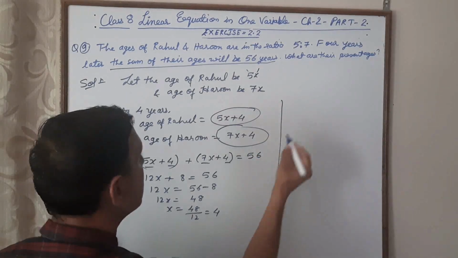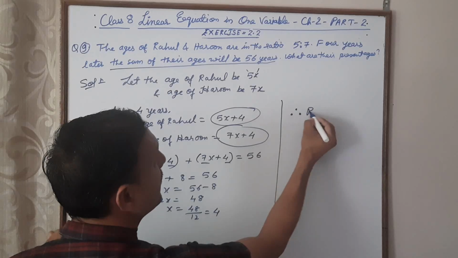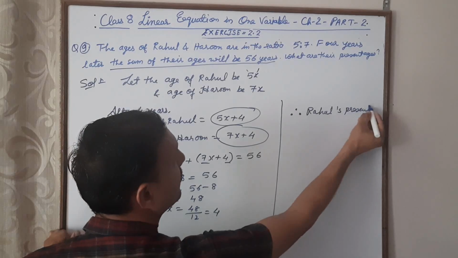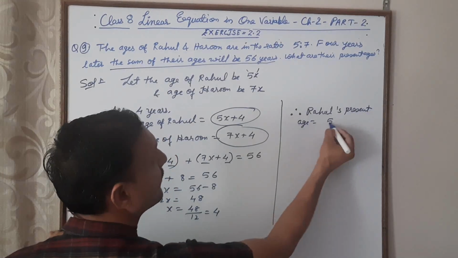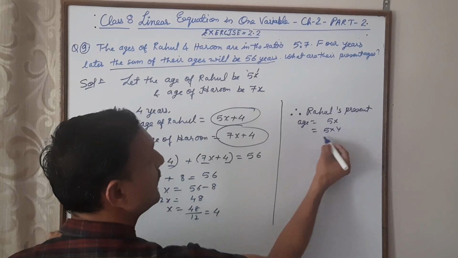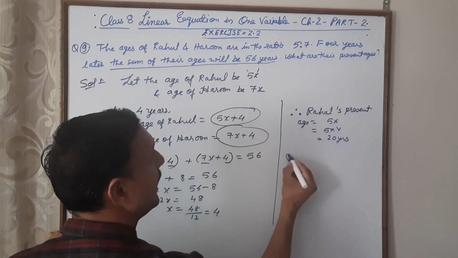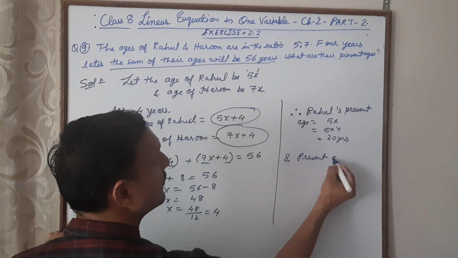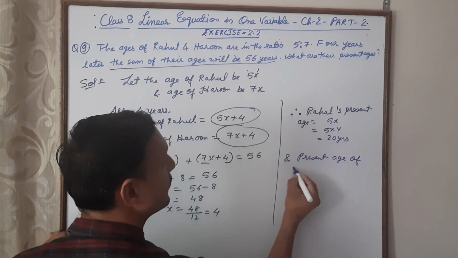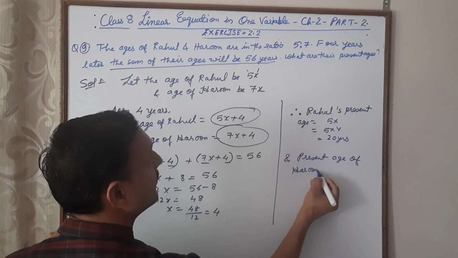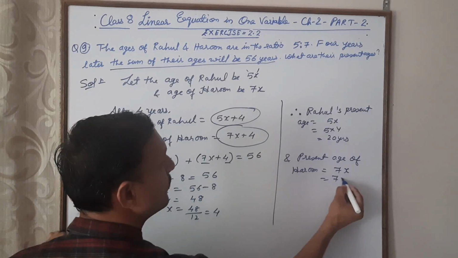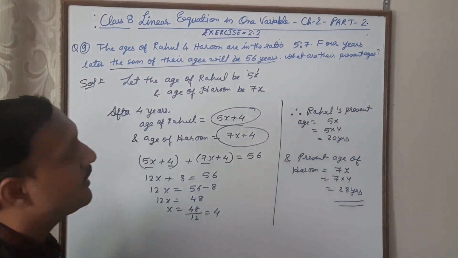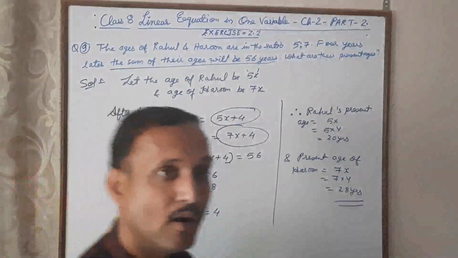Therefore, Rahul's present age equals 5x, 5 into 4, 20 years, and the present age of Harun equals 7x, 7 into 4, 28 years. So in this way, we can find out the ages of both Rahul and Harun.